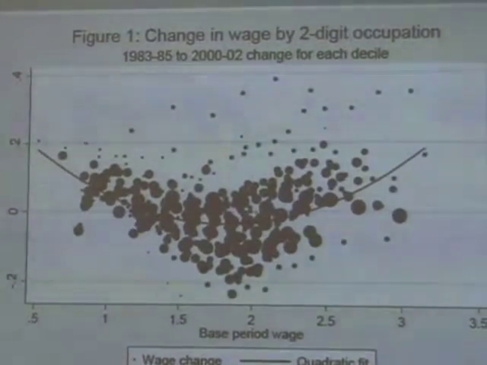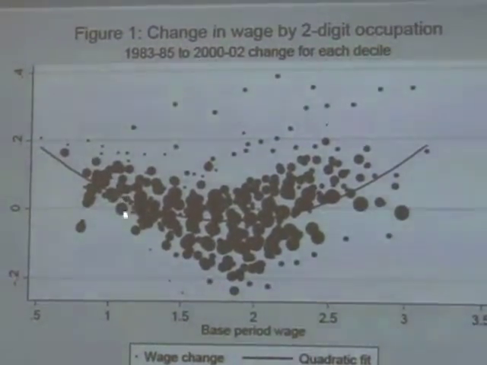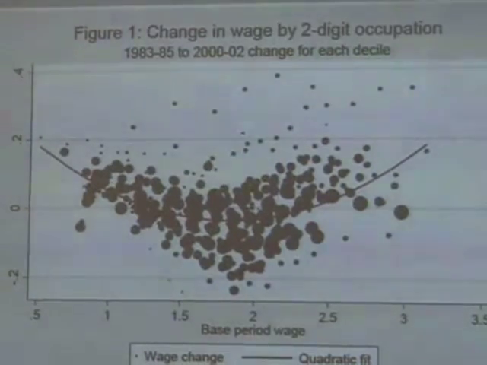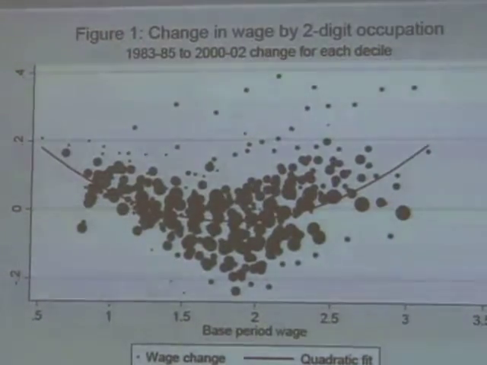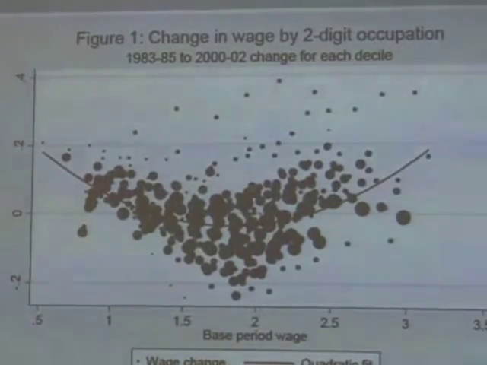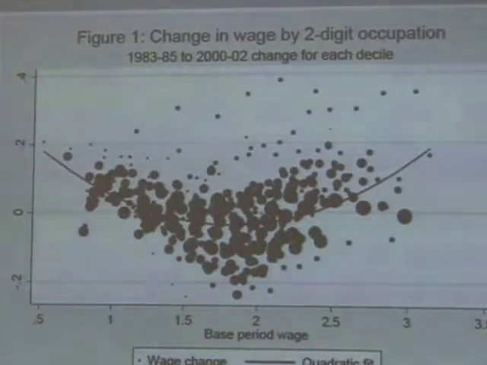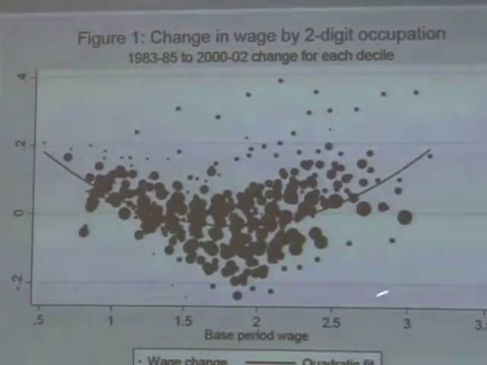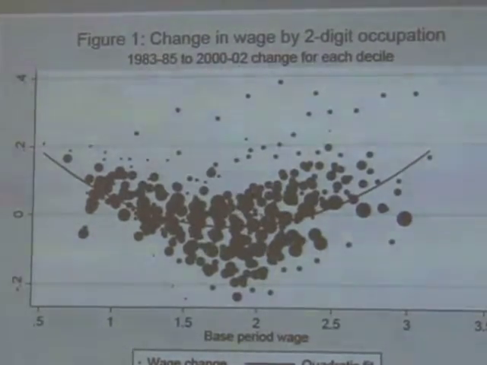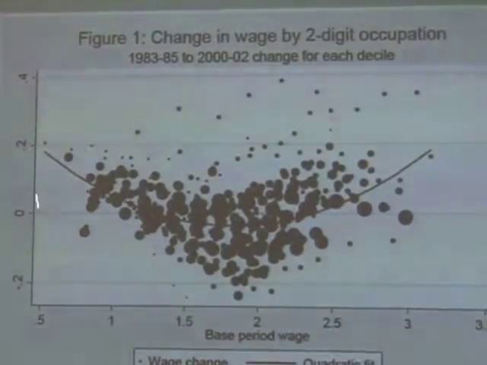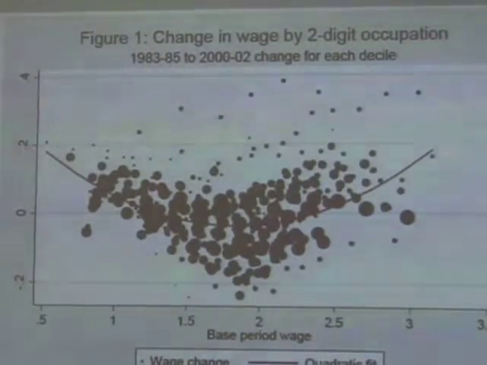So anyway, this looks at changes in wages by occupation in the US data from basically the mid-1980s to the early 2000s. Here on the x-axis is the base period wage of each occupation, and on the y-axis is the change in wage within that occupation.